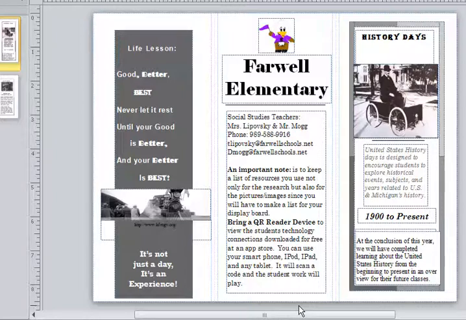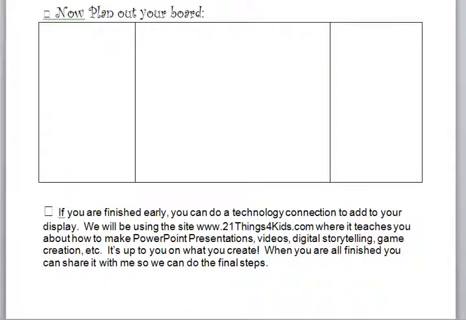It's very easy to download a QR reader. It's free and it's found at the App Store. An important note that we need to remind parents is that there will also be Cinco de Mayo family night that day, and so they might want to spend a few minutes venturing over to that family night as well.